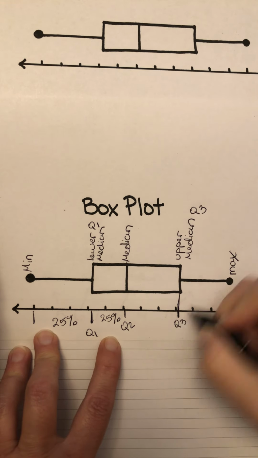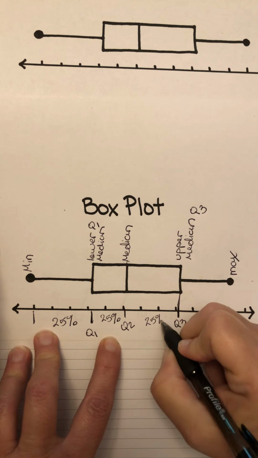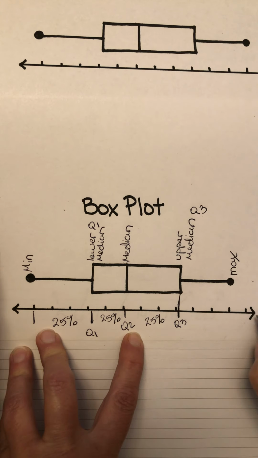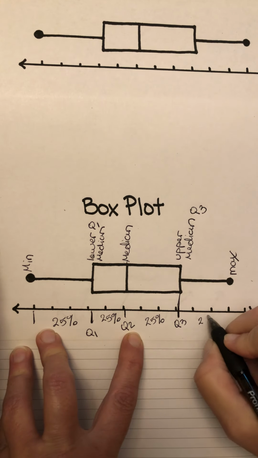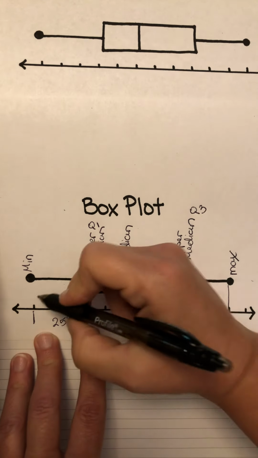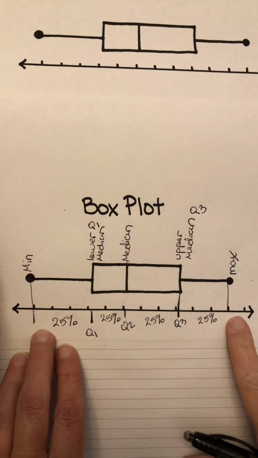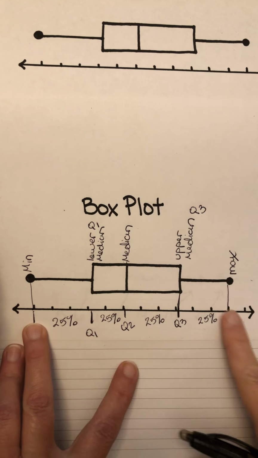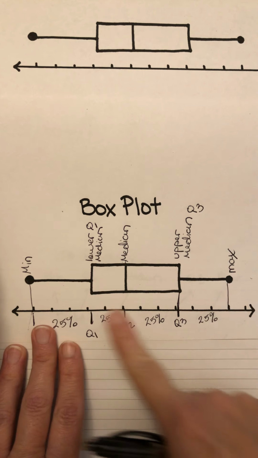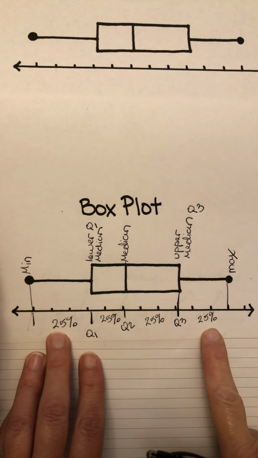Here's my Q3, 25% of the data. And then here is actually your Q4, and it also represents 25% of the data. So when I look at all of this, notice that this is 100%. So I'm representing 100% of the data, and each quartile represents 25%.